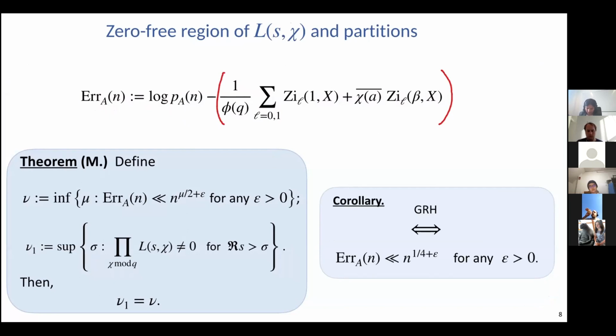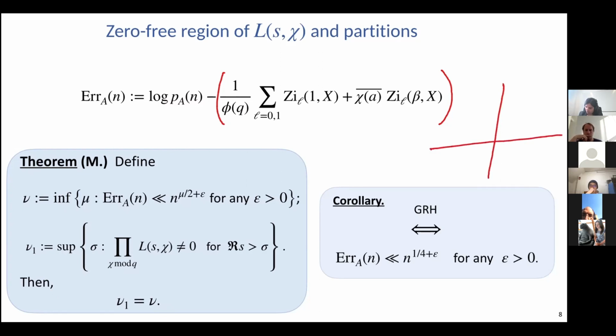This result here is written in terms of inf and sup, and it says that this inf is the same as this sup. But instead of reading it that way, you can think of it as follows: you have a zero free region for this function, right?